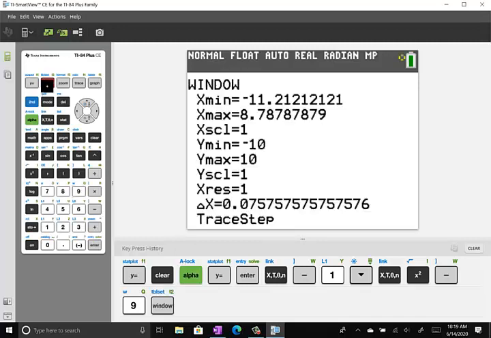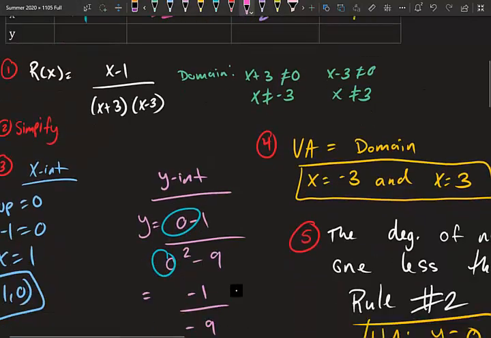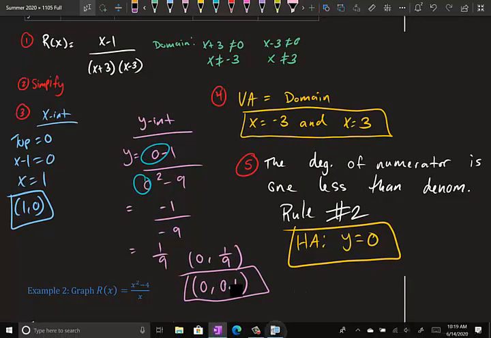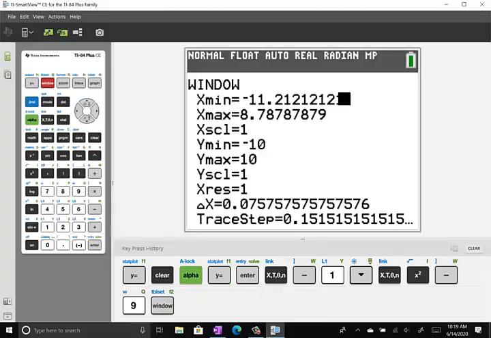If we hit the window button and go back to the chart, you see how all our numbers are between -4 and 4? All of our numbers are between there for x's and for y's. I want to make sure my domain on my calculator fits that. X min, x max, that's the domain.